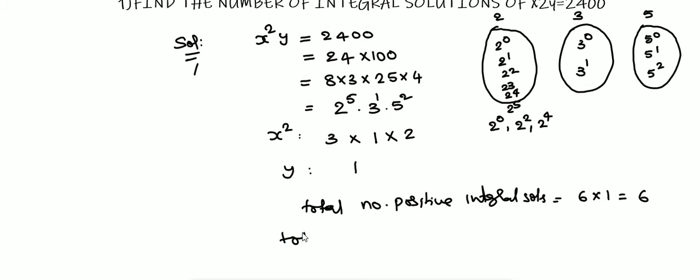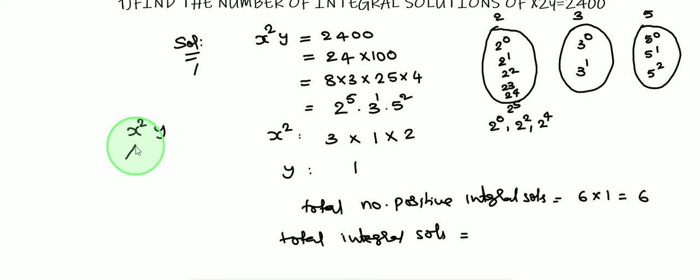But we are looking for integral solutions, positive as well as negative. So once you try to observe x square into y, we have calculated all positive integral solutions, which comes as 6, right?